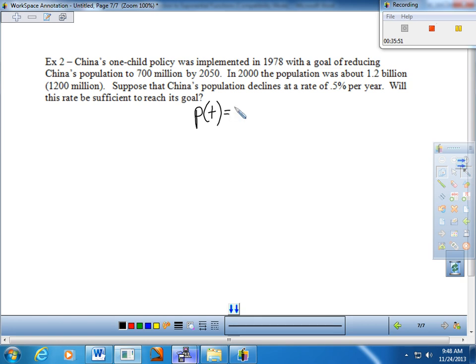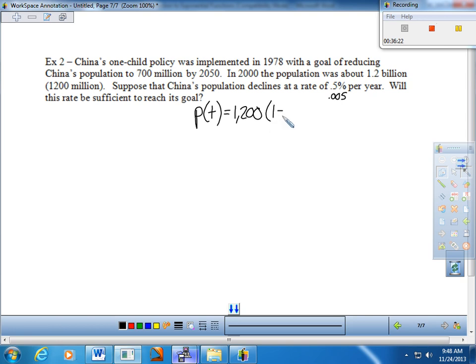But I have this. So the 1,200 million, so that's what the population was in 2000, where we are starting our model. And it's going down by 0.5%. Now, I'm just kind of thinking about this. Remember, 0.5%, I do want it as a decimal, so I move that 2 to the left. So 0.5% is 0.005.